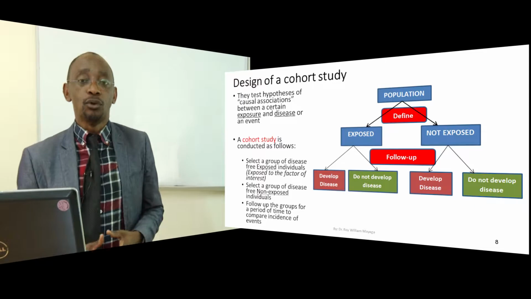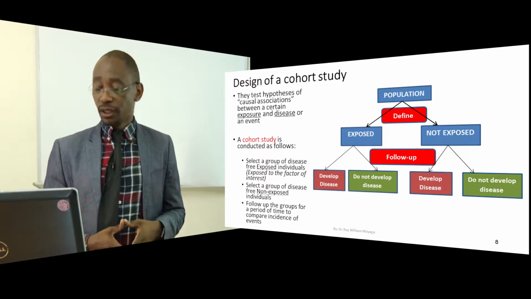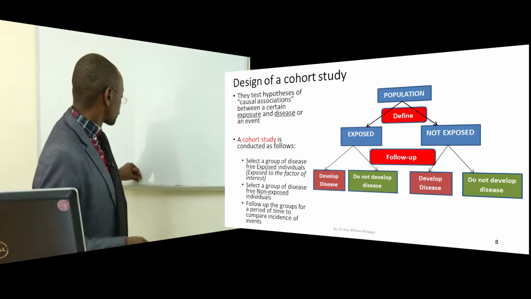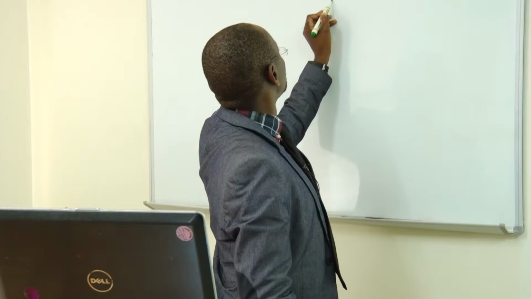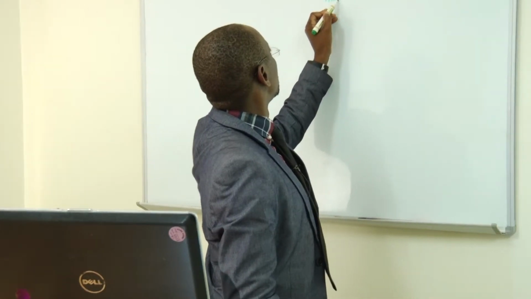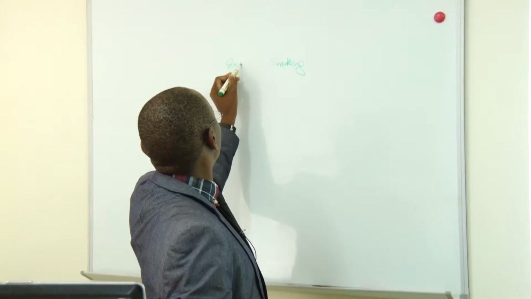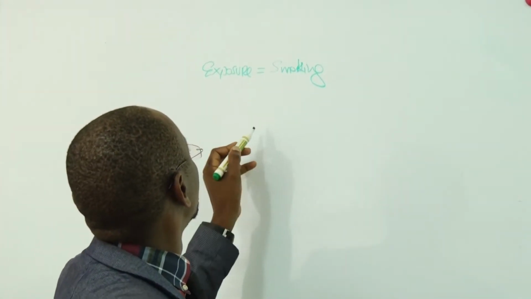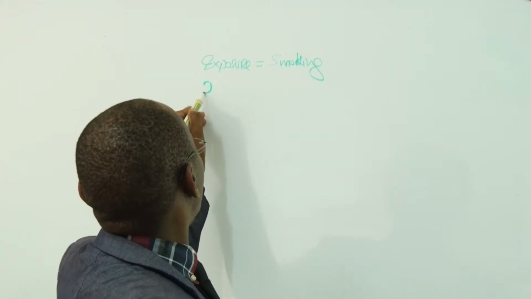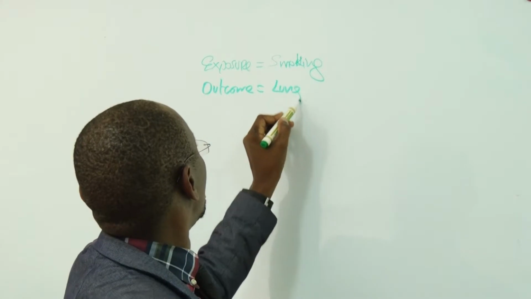Let's take an example. If we want to determine the association between an exposure like smoking, so the exposure is smoking, and the outcome is lung cancer.